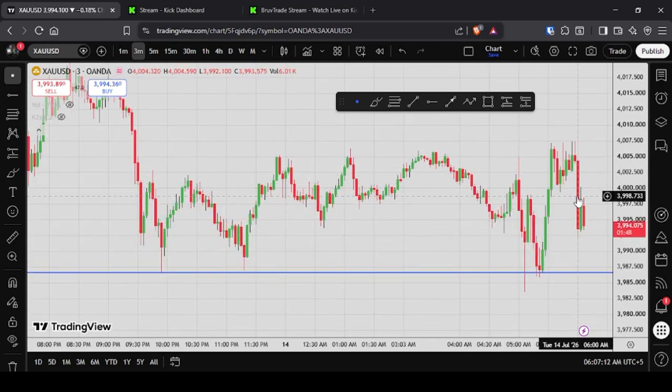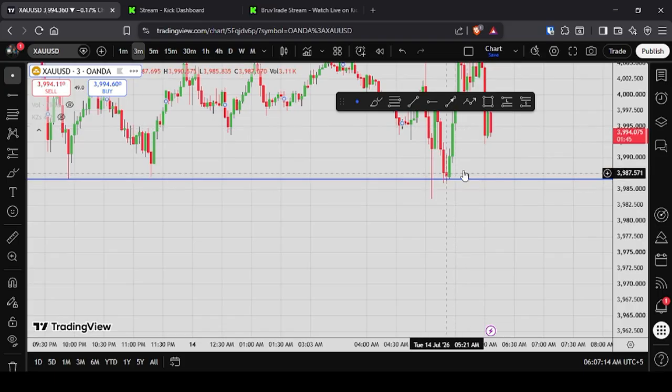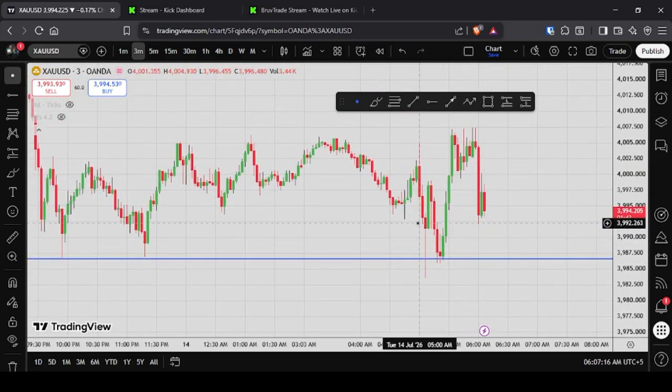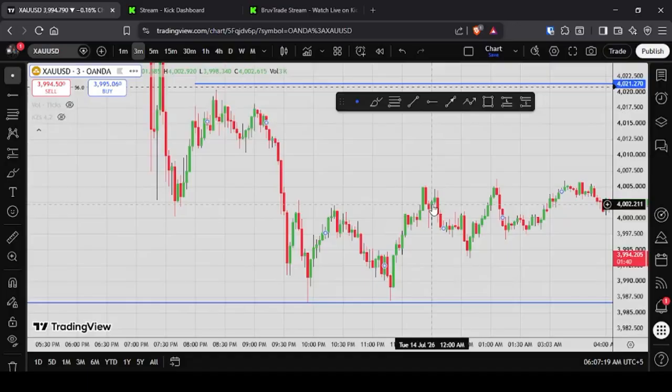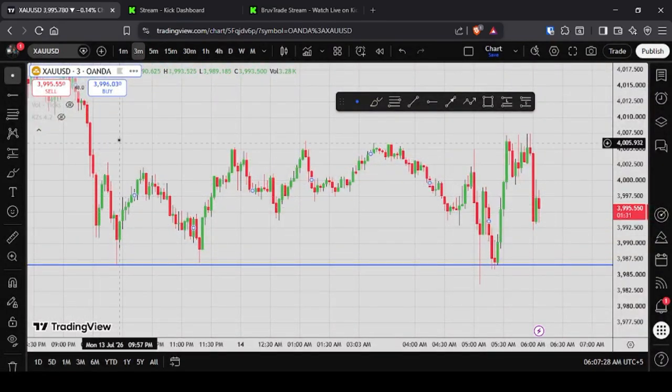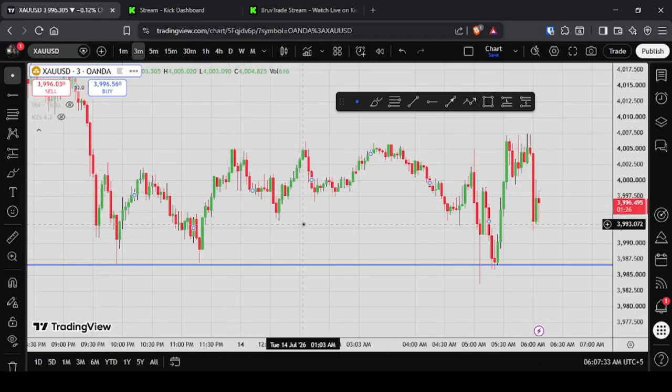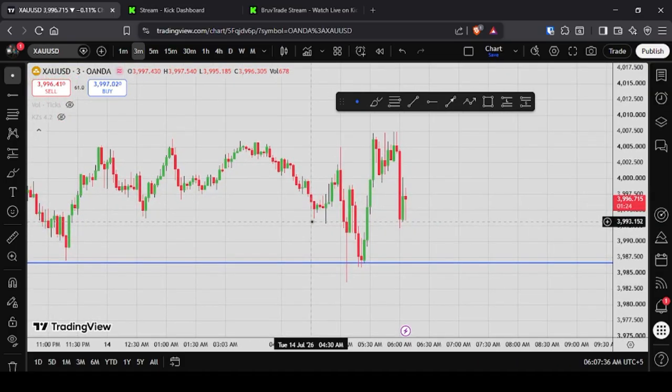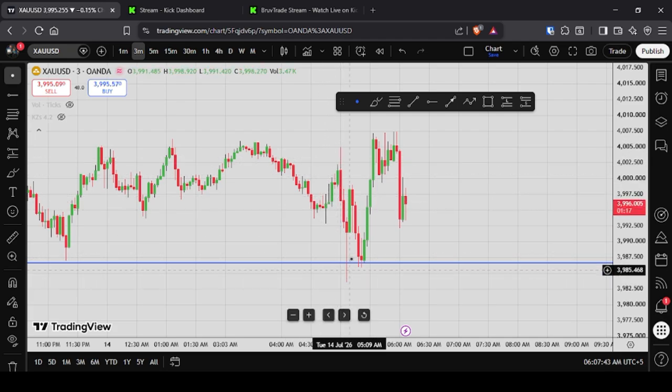Sellers are still trying to push down, but there are extreme buyers, which is why when there is an equal amount of buyers and sellers, this happens. There's bullish momentum, then selling, then buying, then selling. They have equal power, as you can see. But when the selling momentum goes high and they take out the low, then the buyers take control.